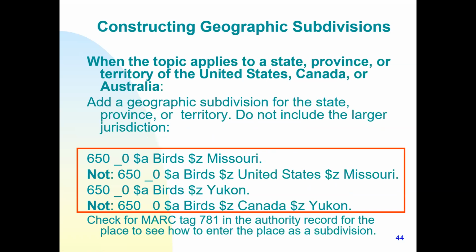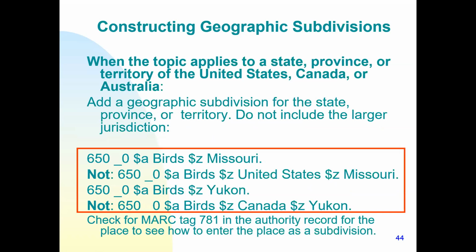When the topic applies to a state, province, or territory of the United States, Canada, or Australia, then you add a geographic subdivision for the state, province, or territory, but don't include the larger jurisdiction. Like we wouldn't use United States or Canada or Australia.